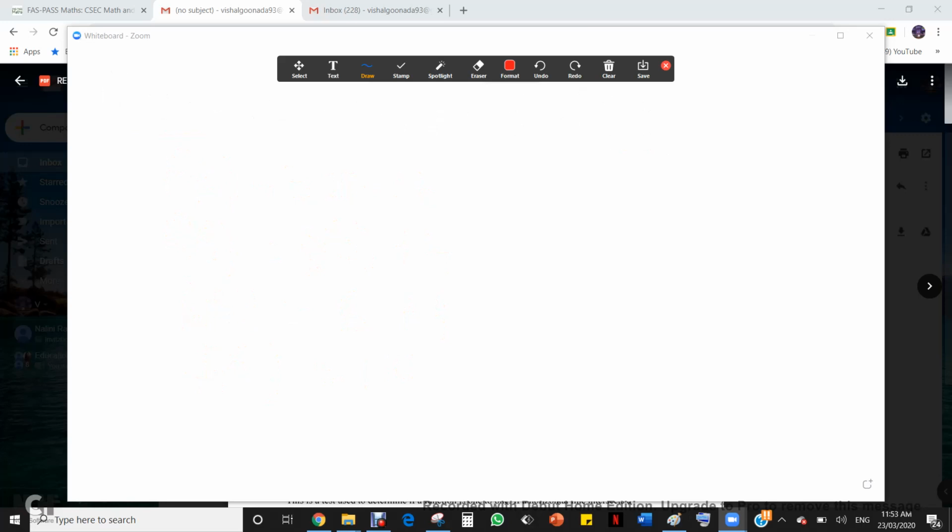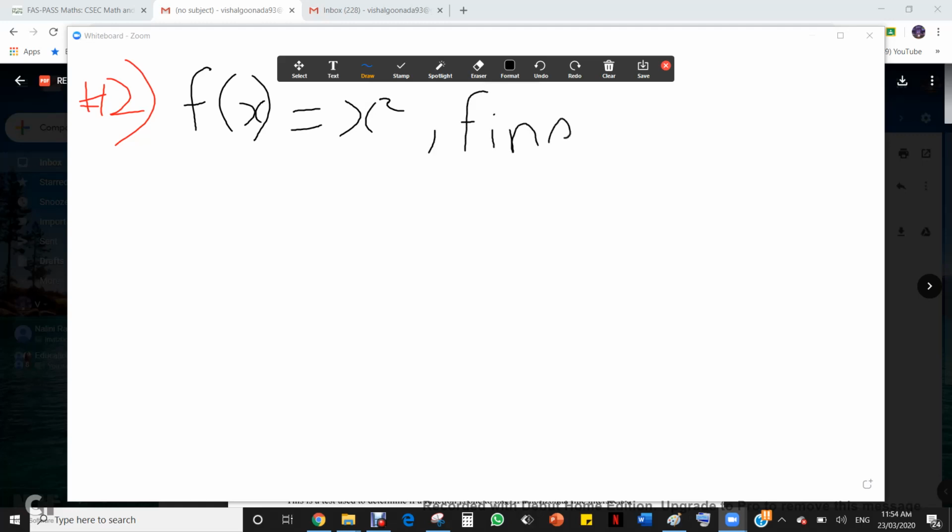So I'm going to give you our next example. This is number 2. f of x, you can write it differently. f of x is equal to x squared. And I want you all to find f of negative 1. Try that one for me. I'm giving you less than a minute because this is no rocket science. 1.